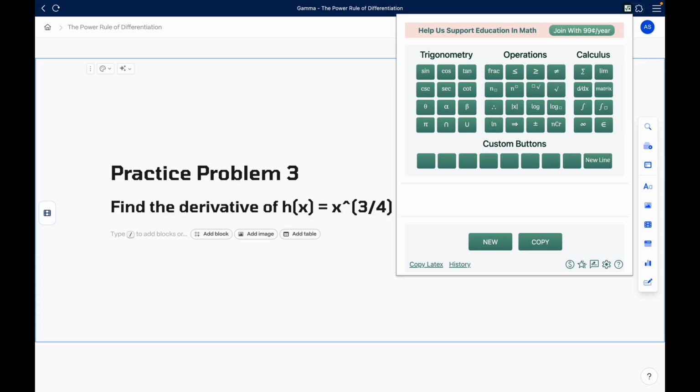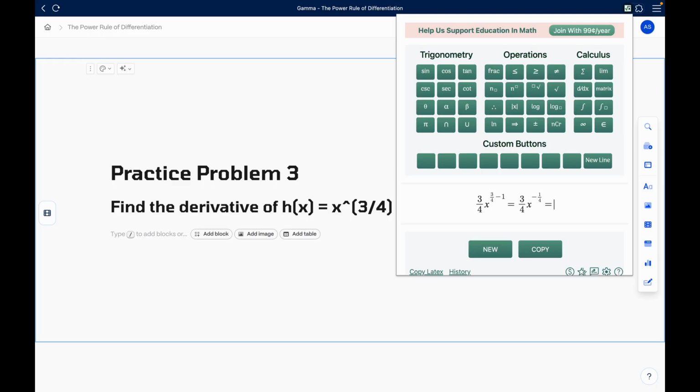Now, what we have to do is plug and chug. So we have 3 over 4 on the outside times x to the power of 3 over 4 minus 1. And this is going to be equal to 3 over 4 times x to the power of minus 1 over 4, as 3 over 4 minus 1 is minus 1 over 4.